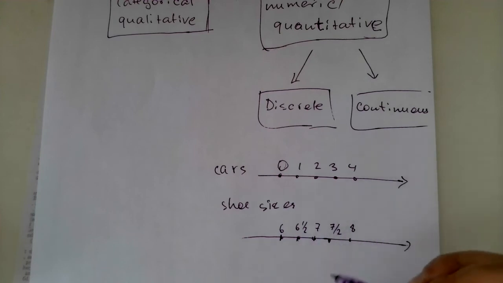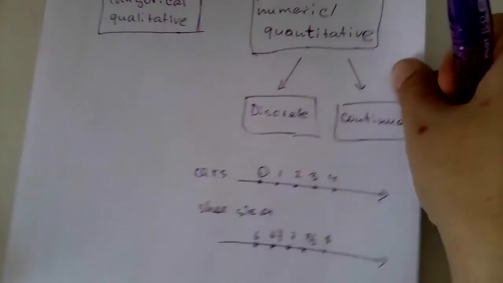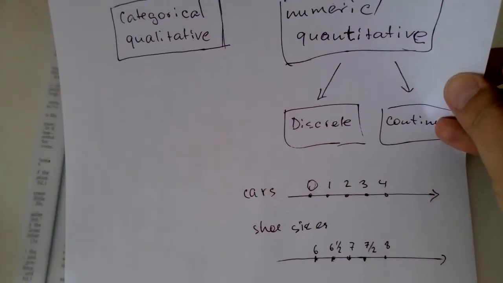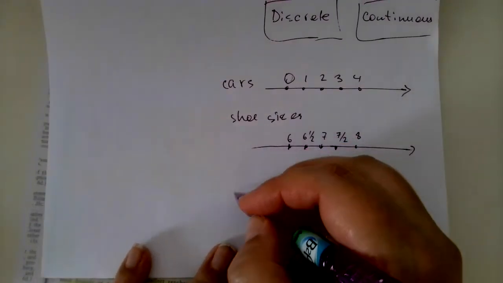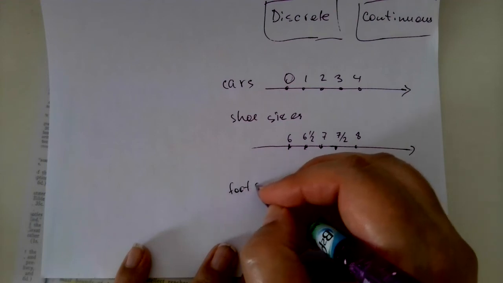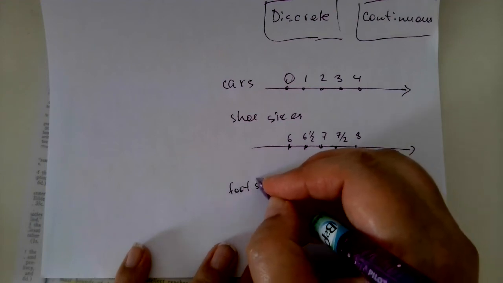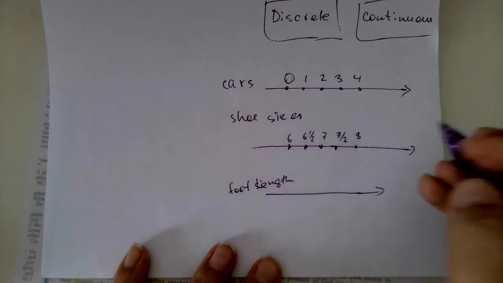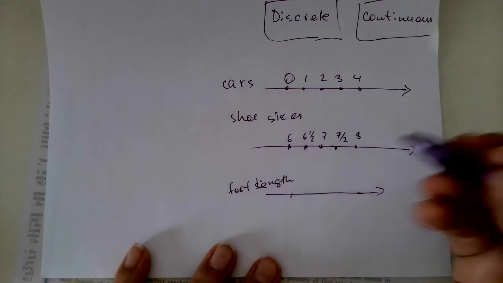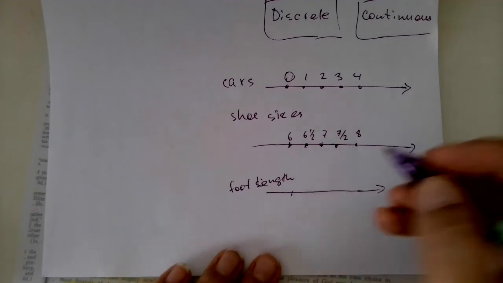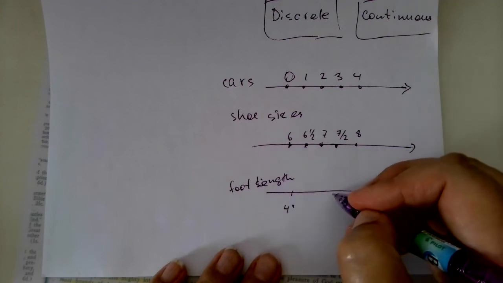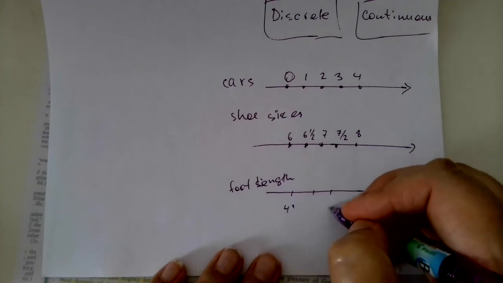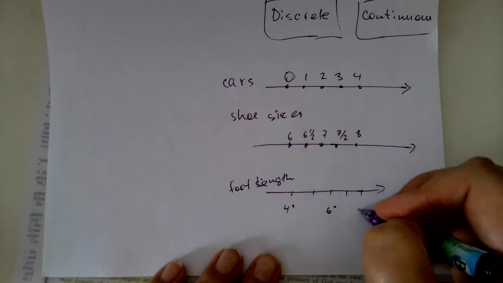So for example, if we actually went ahead and measured the length of a person's foot with a ruler or some very accurate measurement device, I don't know what would be the shortest length, but let's say it's 4 inches, and then we would have 5, 6, 7, 8.